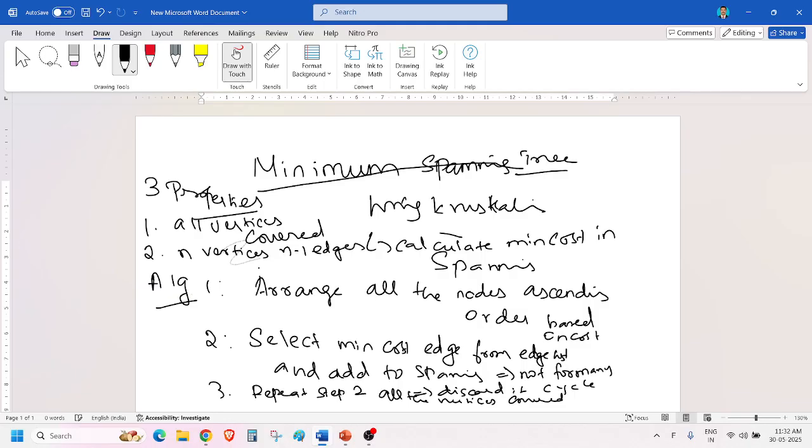Third, a very important property of Kruskal's algorithm: no formation of any cycle.